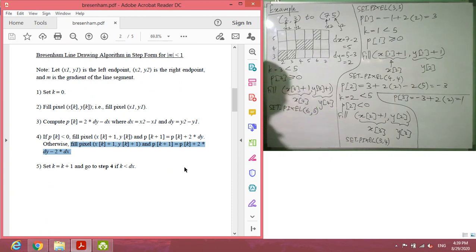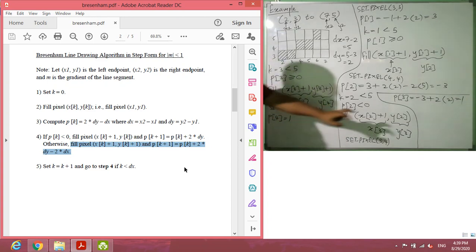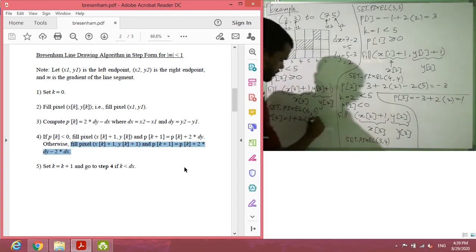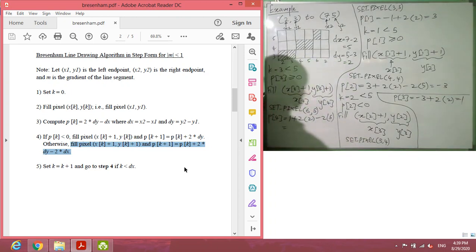After that we have to compute pk plus 1. K plus 1, that means p4 value, earlier pk value, that is 1, p3 is 1, plus 2 into dy, 2, minus 2 into dx, minus 5.